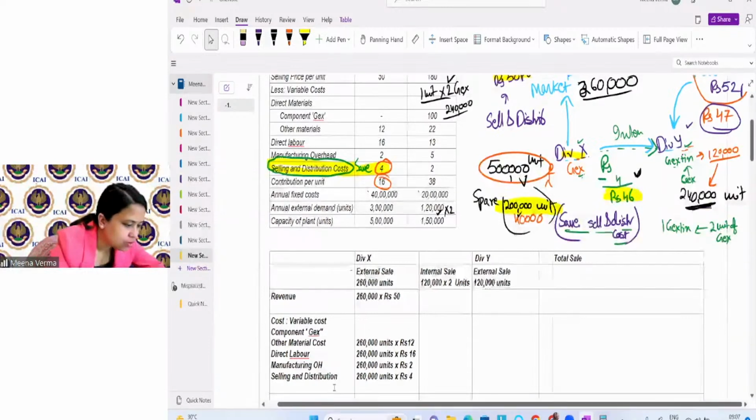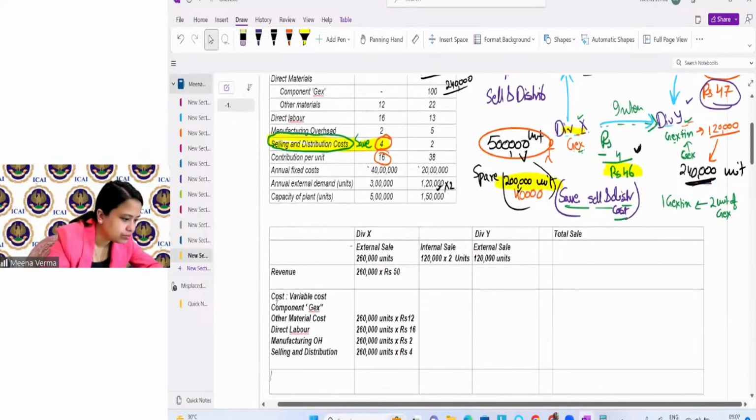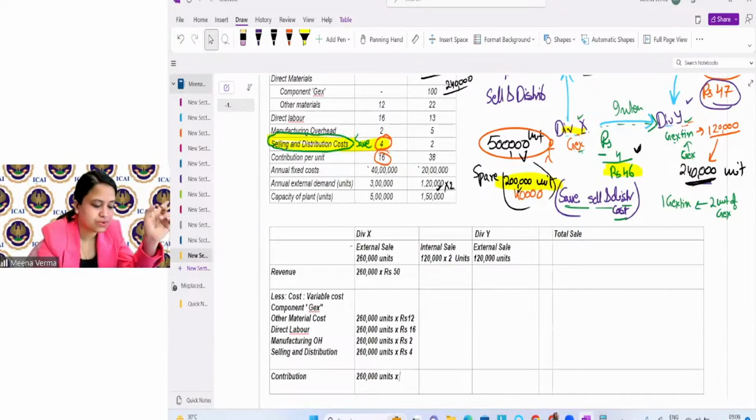Okay, so now after this, what will be the contribution? You can see for 260,000 units, the contribution is coming as 50 minus 12 minus 16 minus 2 minus 4, that is rupees 16.